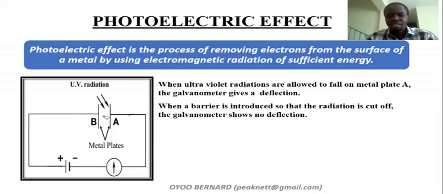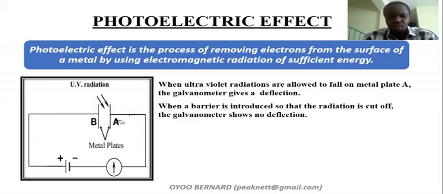That is what we are just about to explain, and hopefully you will understand. Now, if you introduce a barrier in between here, so that the radiation no longer falls on plate A, then the observation is very clear that the galvanometer will not deflect because you cut off the current.